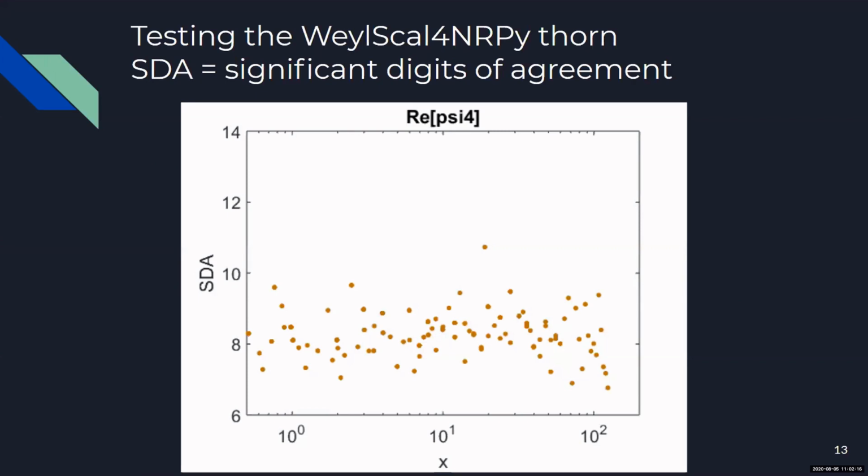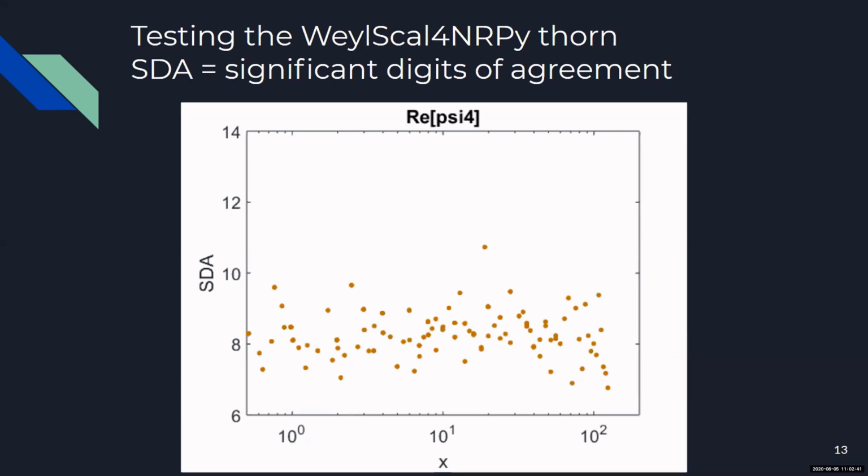So this uses the real part of the psi4 scalar. And on the y-axis, we have the significant digits of agreement between the original Weyl scalar 4 and our new Weyl scalar 4, NRPy's output of the real part of psi4. And this is just along the x-axis as output by the toolkit.